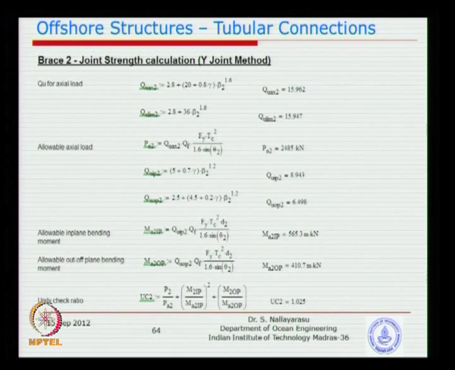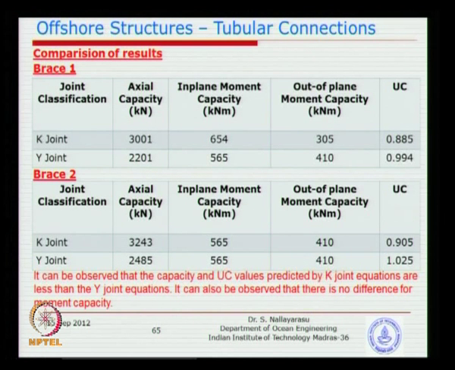Now, a quick summary to look at what really happens. For brace 1, when I use the K joint I get 88%. When I use the Y joint I get about 10% higher. So Y joint, with unbalanced loads, gives you a slightly increased unity check, which means more trouble for us.